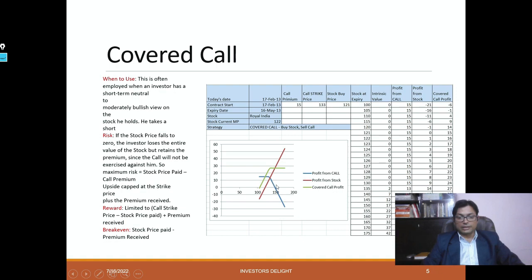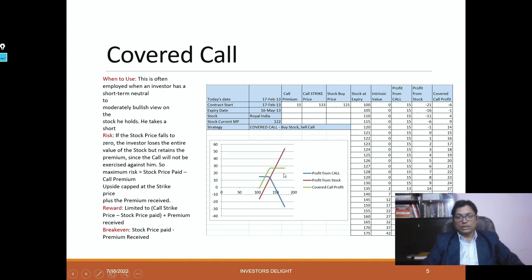Profit from the call is in blue, so that you can see here. Actually for the call, you are selling a call, so you have this kind of figure, and if we combine these two we get a green figure. This green line represents the covered call profit.